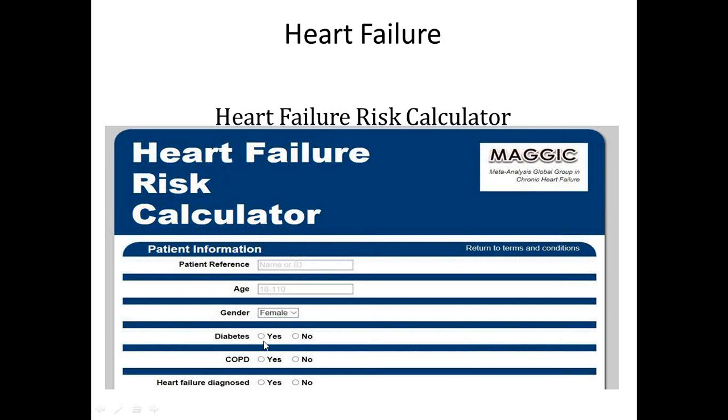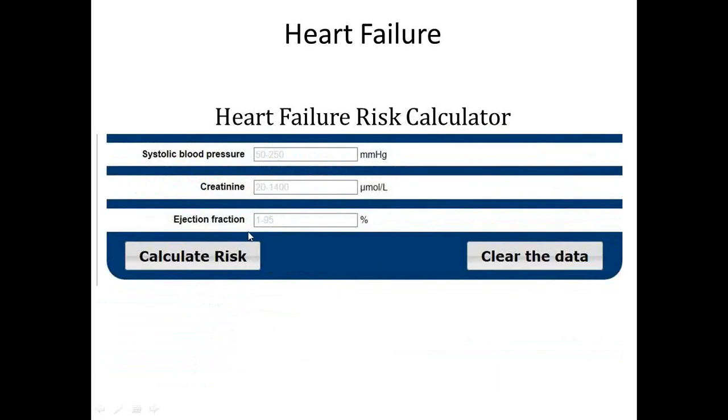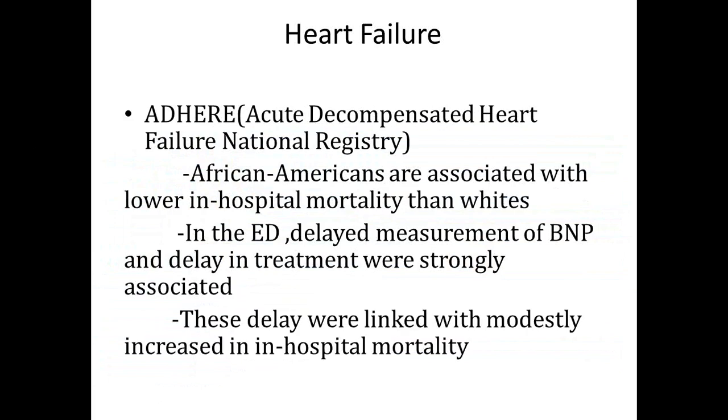You enter diabetes, yes or no, COPD, yes or no, heart failure diagnosis, yes or no, age, current smoker, New York Heart Association class, whether the patient is receiving beta blockers, yes or no, ACE inhibitors, the BMI, systolic blood pressure, creatinine, ejection fraction, and as I say, you put these data in, and it spits out the 1 year survival rate.